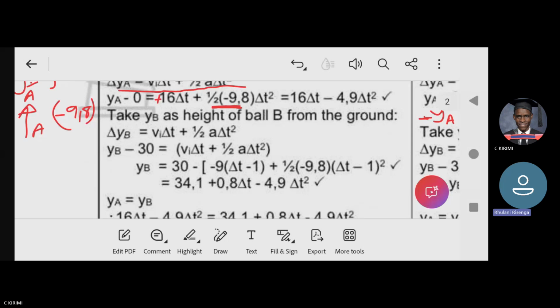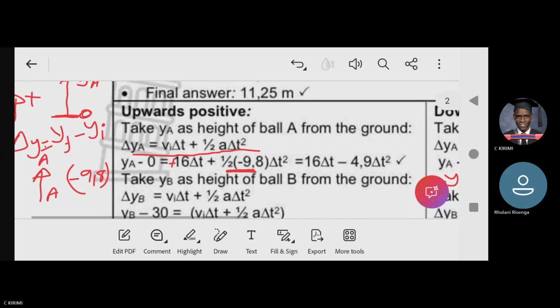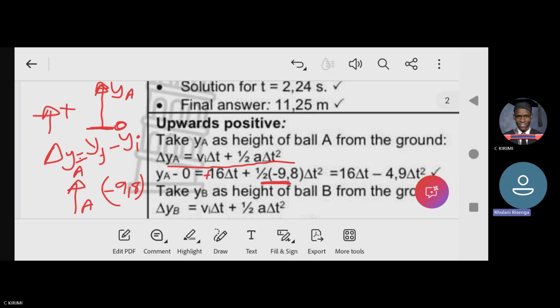Let's say ball A was thrown to a maximum height of 30 meters from the ground, and then it's supposed to return back to the ground.